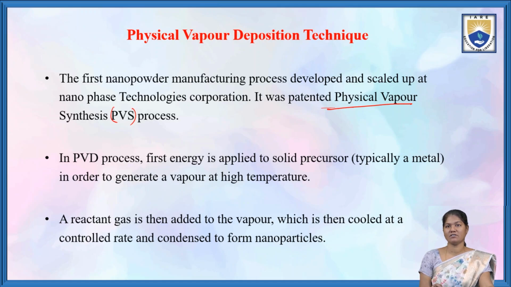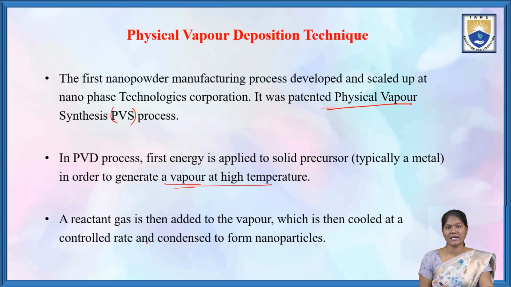When energy is applied to the solid precursors, like a metal precursor, it will generate vapor. To generate the vapor state, it will be heated at high temperature.